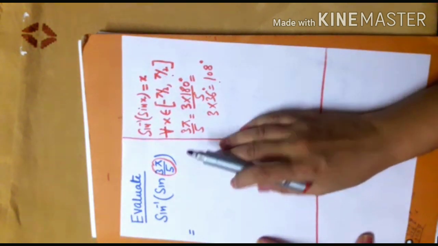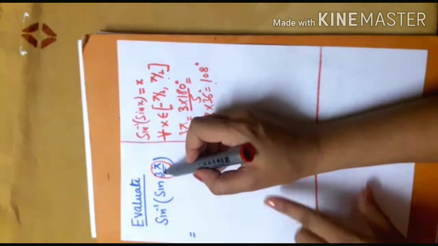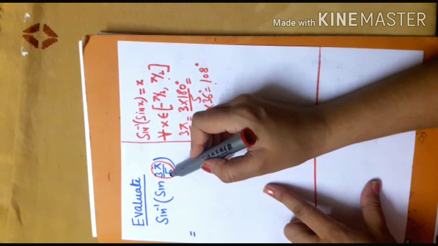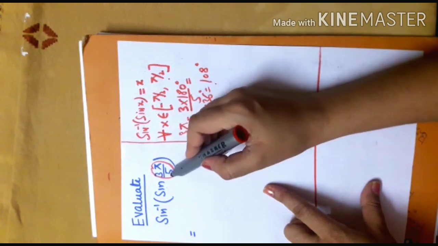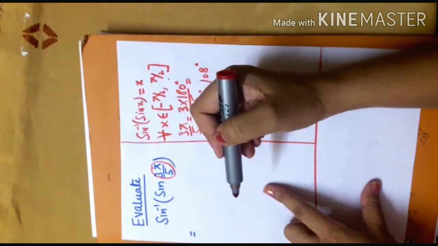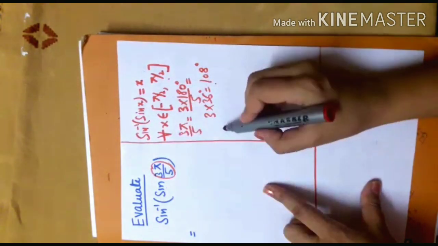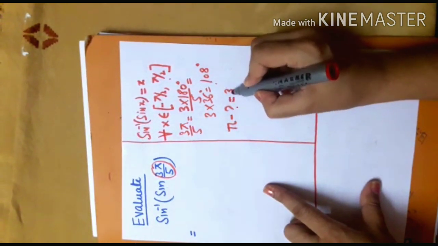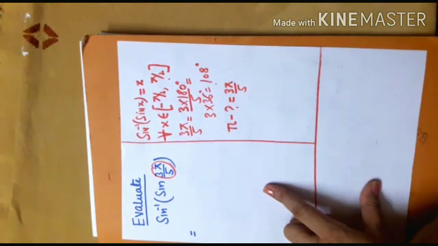So what I'll do, now you can see 3 over 5, it is 0.6. That means 3 pi by 5 is less than 180 degree, that is less than pi. So that means pi minus something should give you 3 pi by 5.